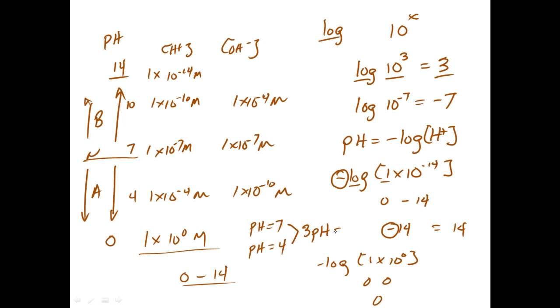So we're dealing with 10 to the 3rd power. Because look at it here, 10 to the negative 7th power to 10 to the negative 4th power. It's a factor of 10 to the 3rd. So coffee is 1,000 times more acidic than water.